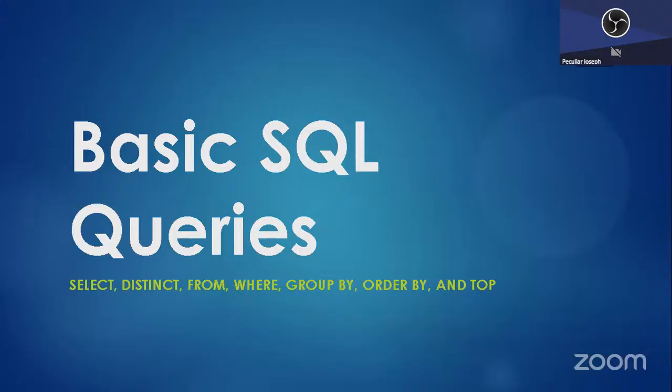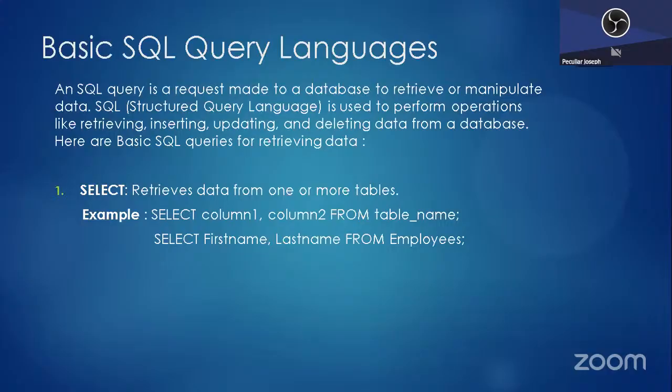Basically, basic SQL queries are those queries we use to make a request to our database to retrieve or manipulate our data. So now we understand how this data is stored in a database, right? So now, how do we work with this data? What are the keywords we use to work with this data?